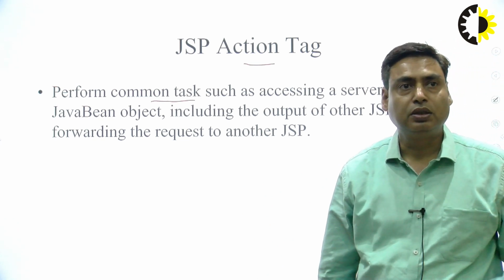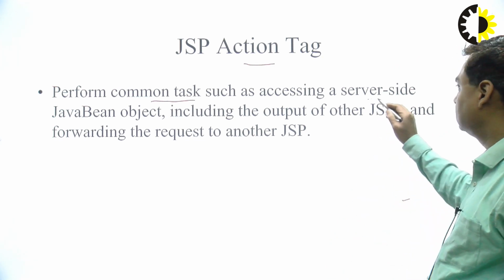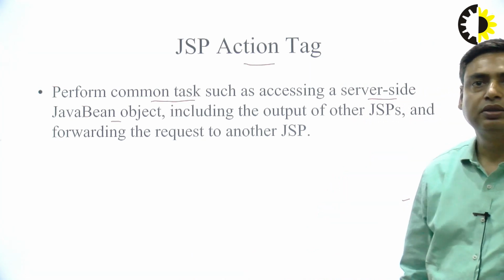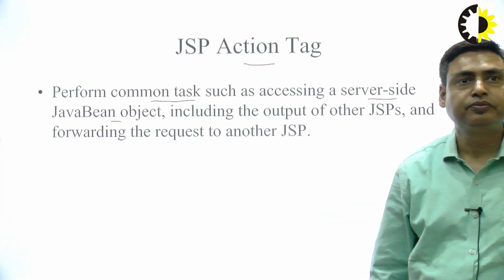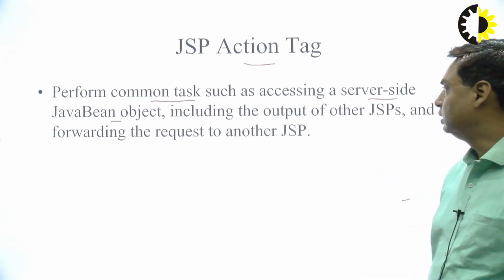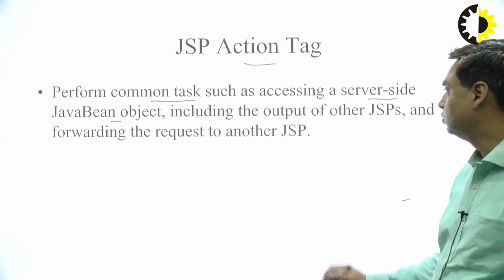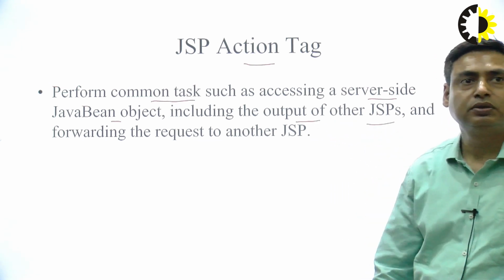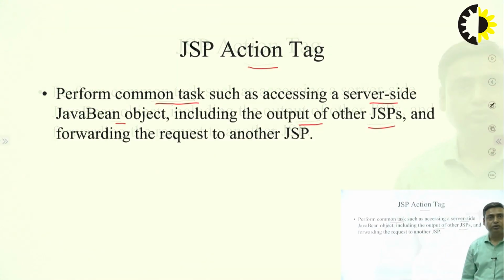For example, common tasks like server side Java Bean, you can create a Java Bean object with the help of a JSP action tag and you can use it. And sometimes we can also use JSP action tags to output the JSP programs and forward the request to another JSP.